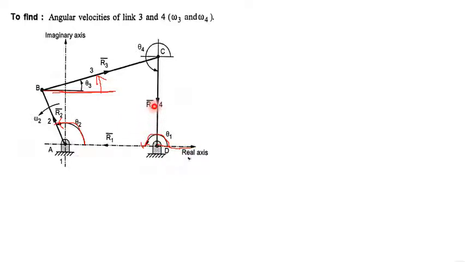For the angular position of the fourth link, first we draw a horizontal line parallel to the real axis, then in the anti-clockwise direction we measure the angle of link 4, that is theta 4. Like this we analyze the position vector of an individual link.